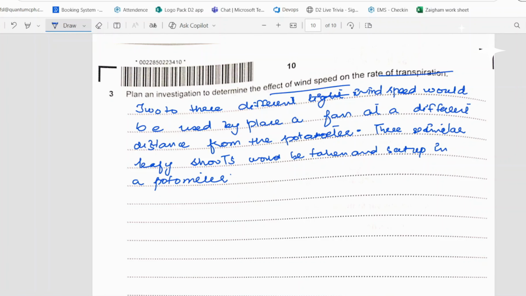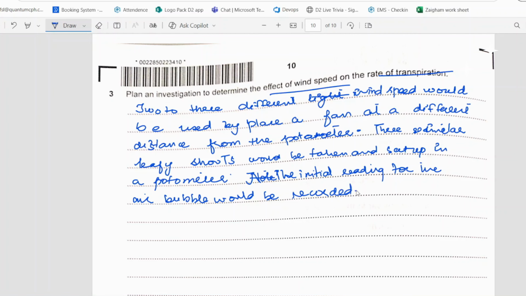There is no need to give the whole thing on how to set up the potometer, that's a whole new experiment. Just say that you have used the potometer. Note down the initial reading for the air bubble. It would be recorded in a table, or just saying recorded is enough.